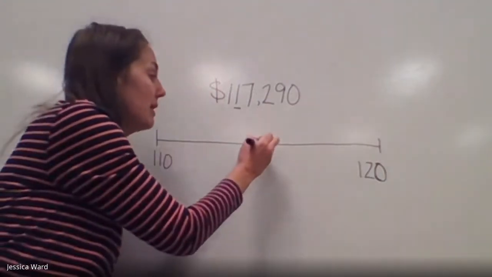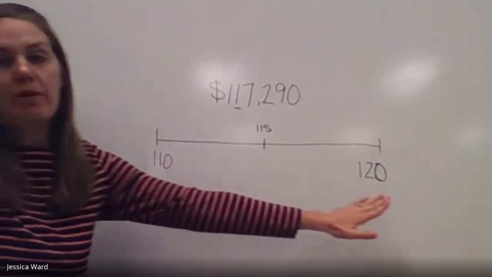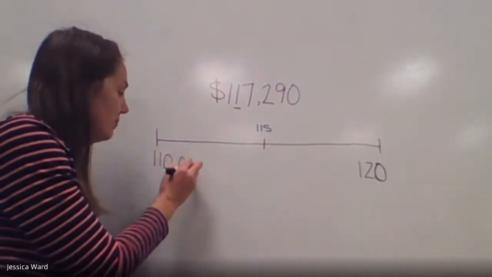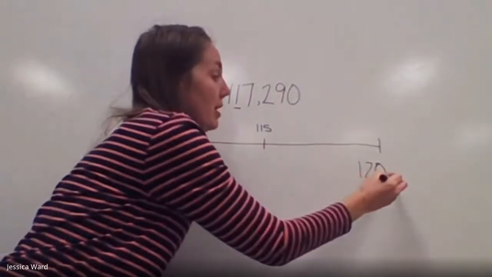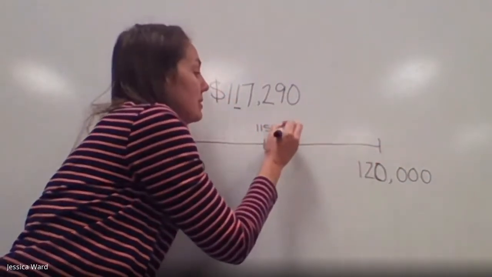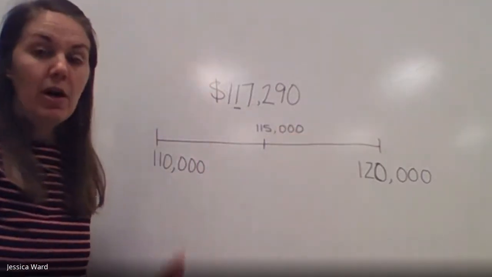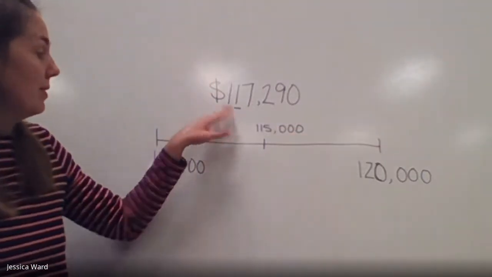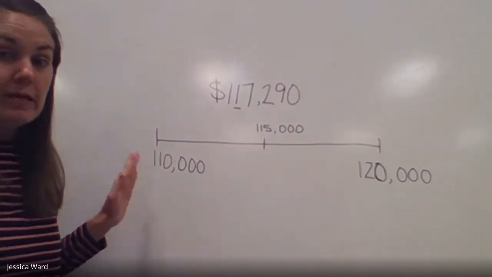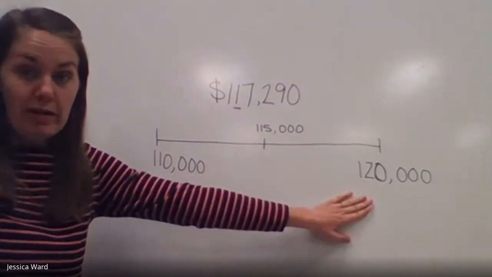It's going to be exactly halfway between 110 and 120. Now I'm going to add my zeros back in to show that it's thousands, not hundreds, but the same principle applies. All right, so now we have our number, we have our range. We're going to either be rounding down to 110,000 or up to 120,000.